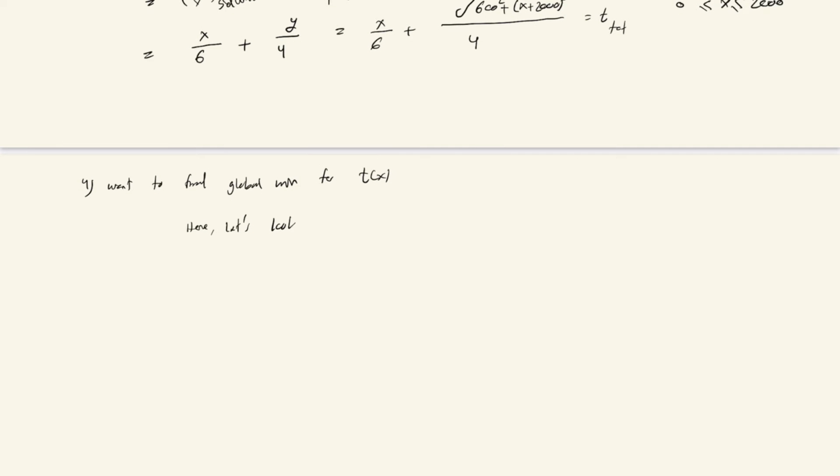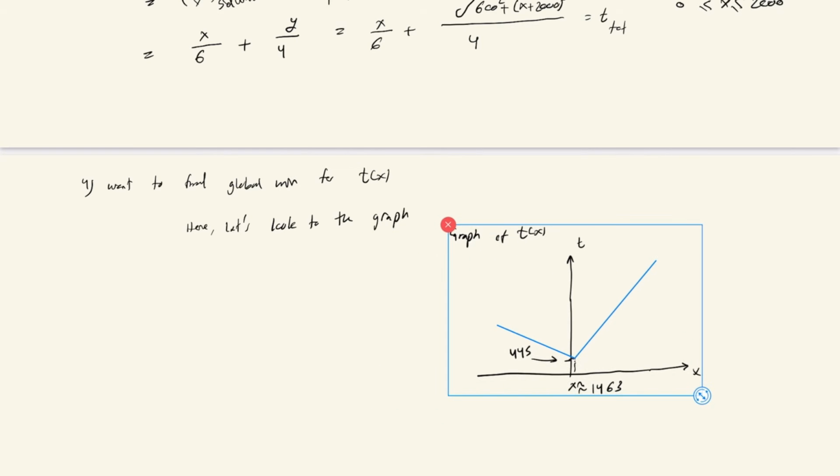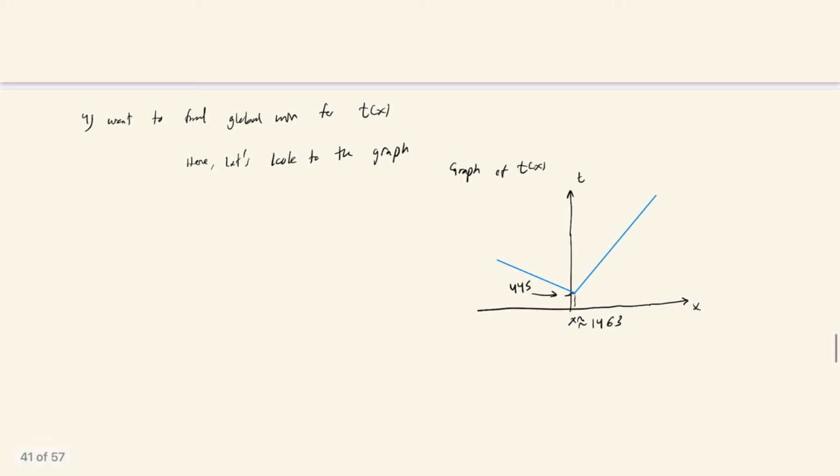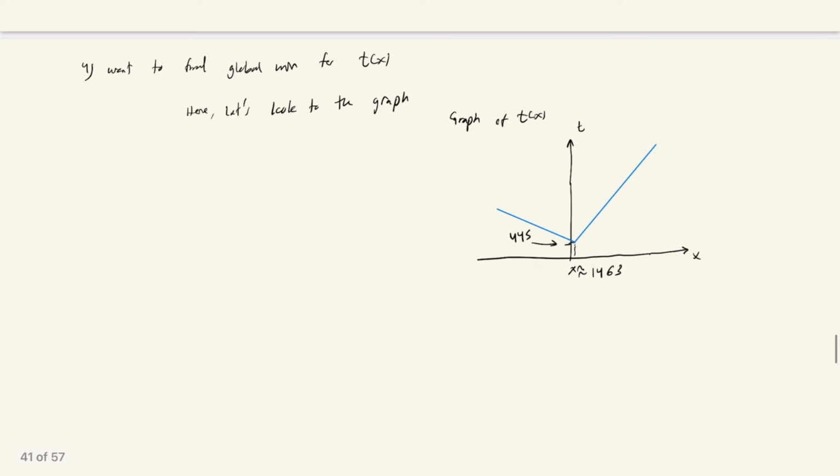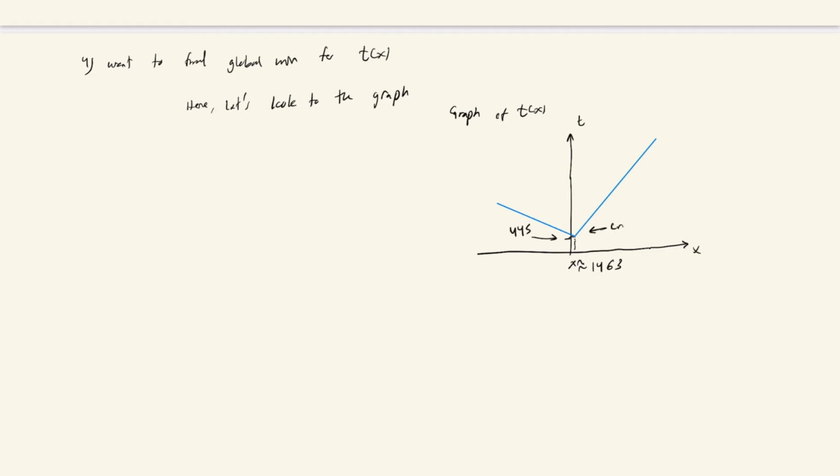Here, let's look at the graph of the function t of x. When we graph this function, we notice at x approximately 1463, there's a critical point. That critical point is the local and global minimum of the function, and the value, which is the time, is 4:45 seconds.